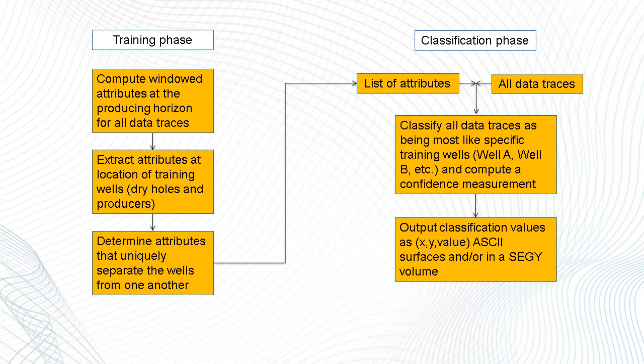So those two things need to be used together. And then we output the classification values and the confidence values as ASCII surfaces, XYZ values, and we can output them as a SEG-Y volume.